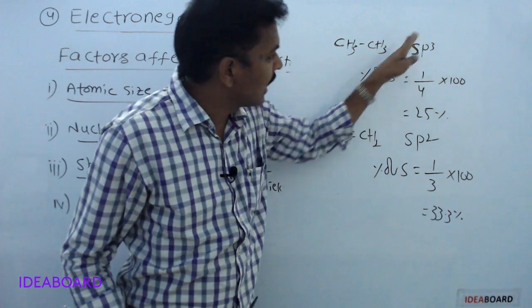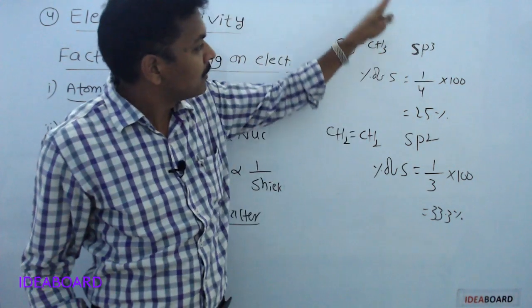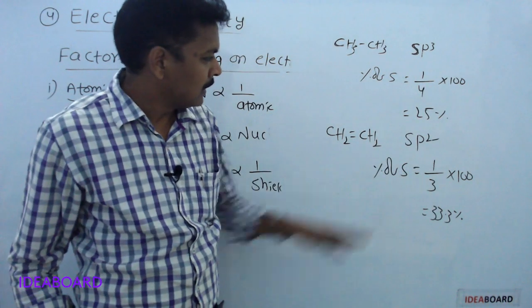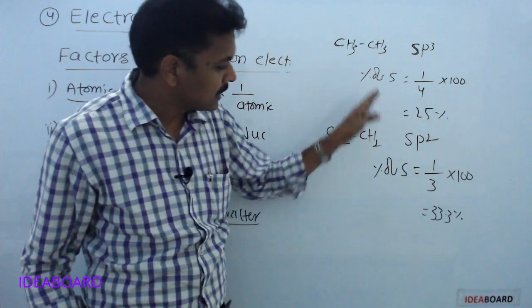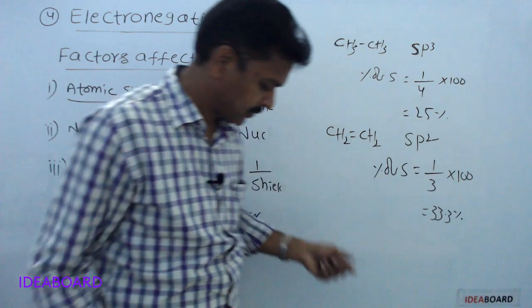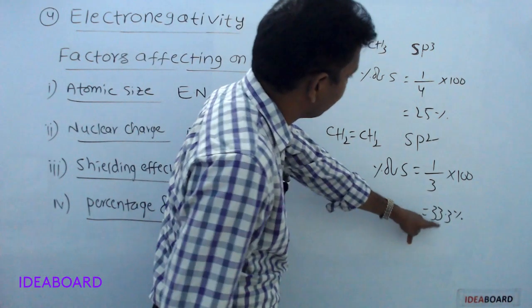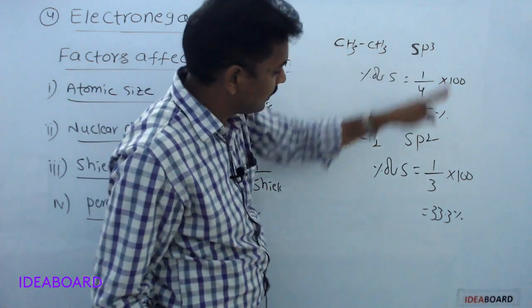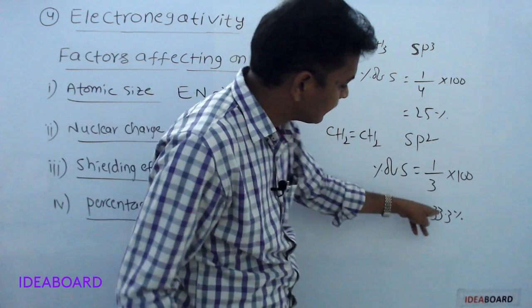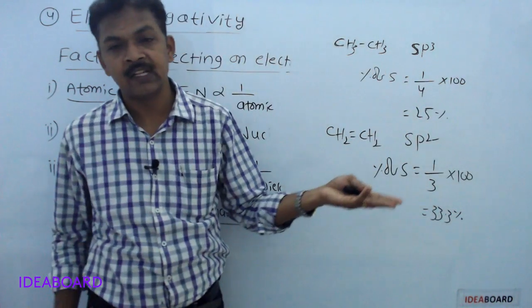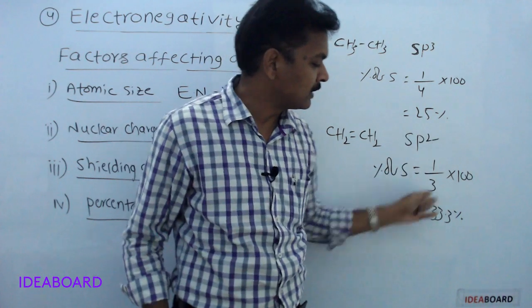In sp3 hybrid orbitals the s percentage is 25, in sp2 it is 33.3. So s character is more in sp2, and more s character means the tendency of an atom to attract electrons will be more.